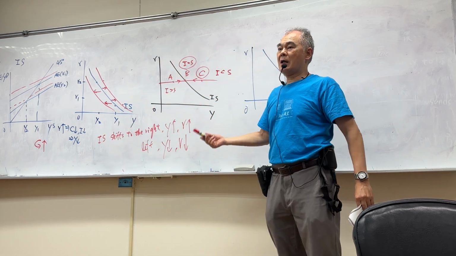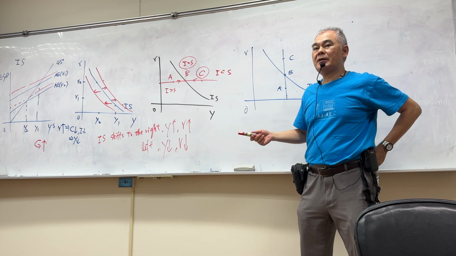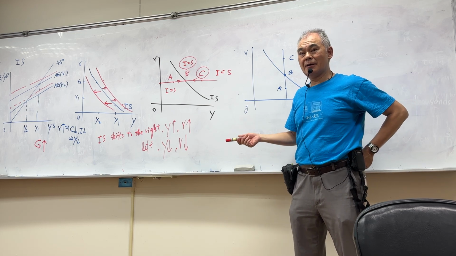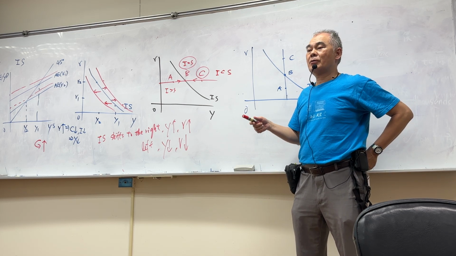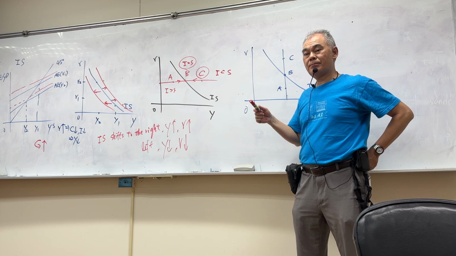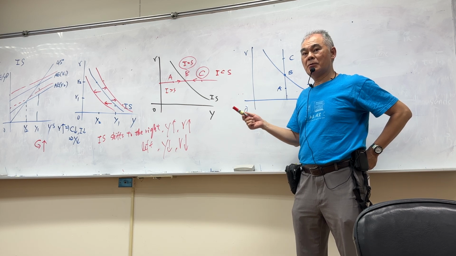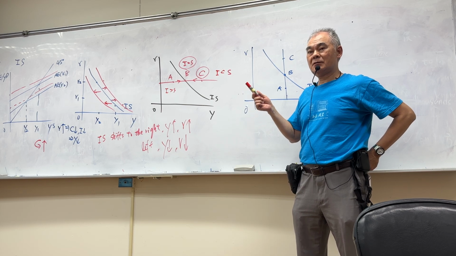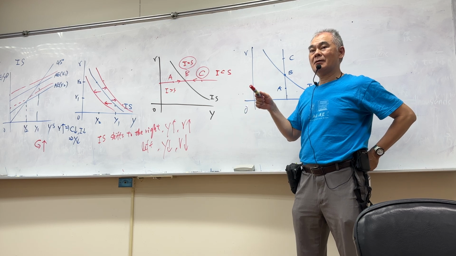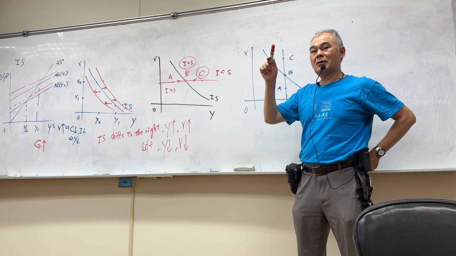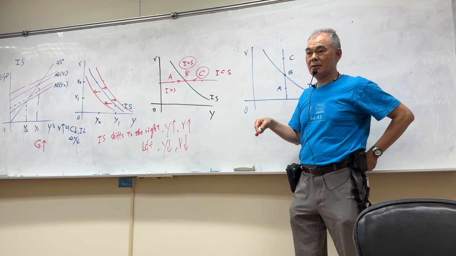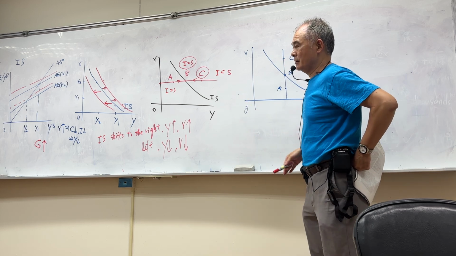Just like if you have an increase in supply, price will go down and quantity will go up. If there's a decrease in supply, price will go up and quantity will go down. Basically it is the same thing.